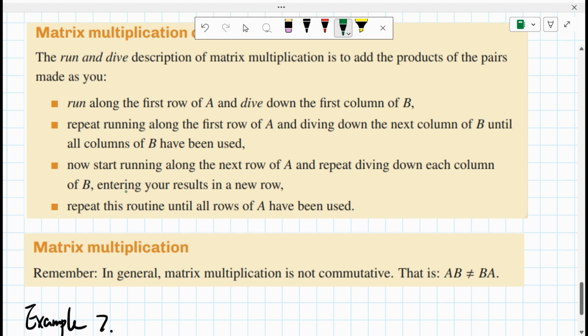Run along the first row of A and dive down the first column of B. Repeat, running along the row of A and diving down the next column of B, until all columns of B have been used. Please write these down in your reference book, as it shows you how to do matrix multiplication.